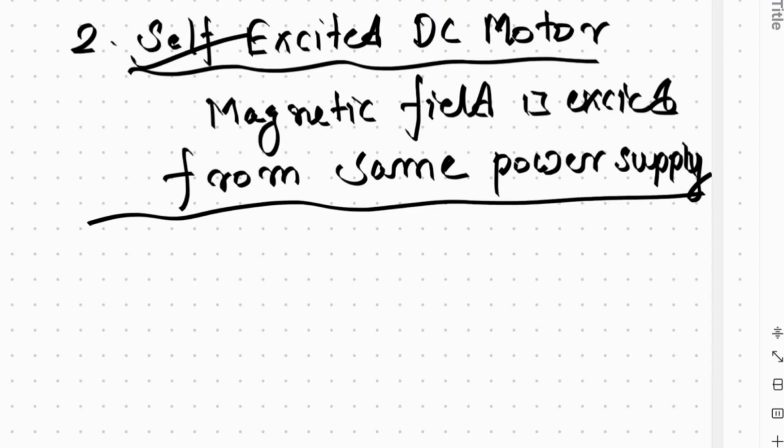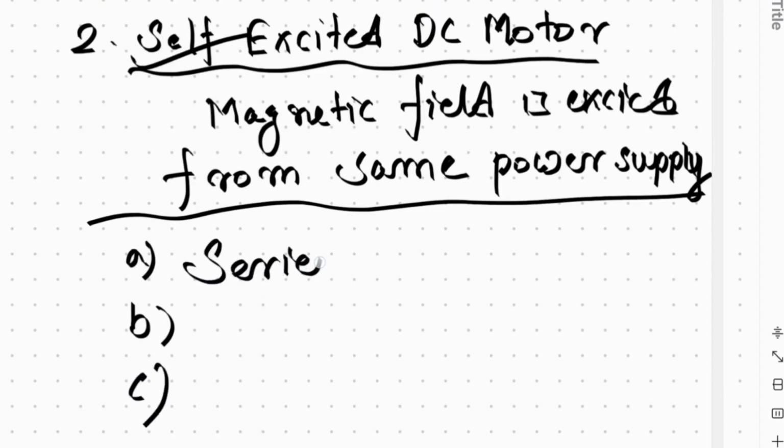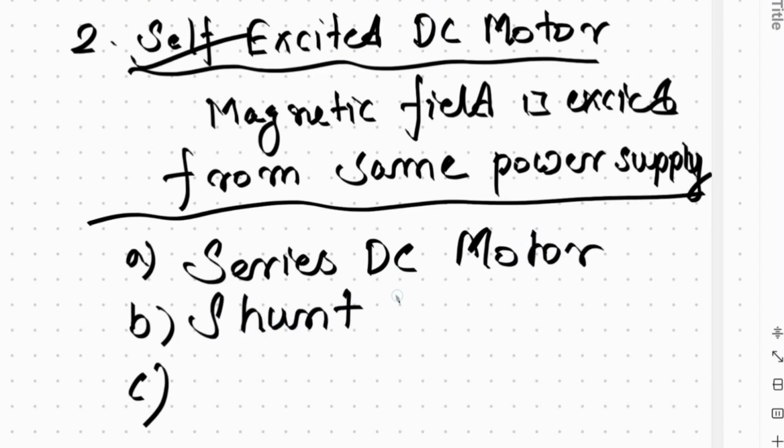Depending upon the manner in which the field winding is connected with the armature winding, self-excited DC motors are classified into three types. First is the series DC motor, then the shunt DC motor.